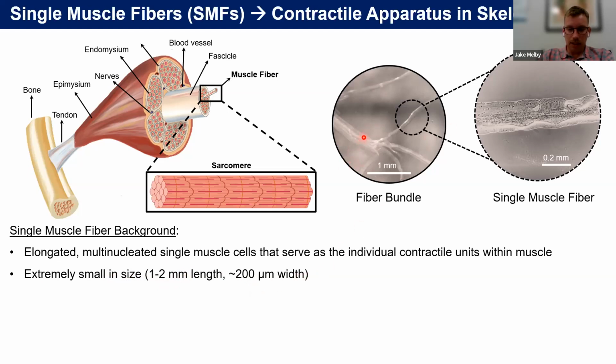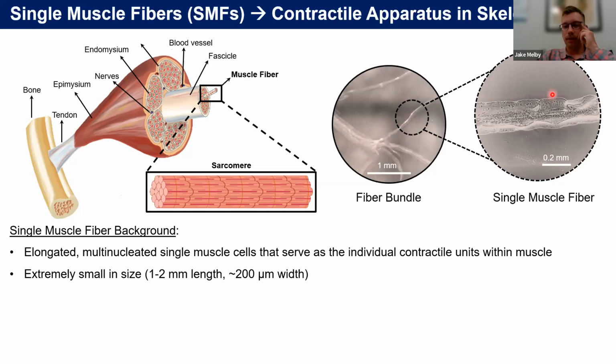This is actually a microscopic image that we got in the lab. Basically when you get skeletal muscle tissue, you get to this level of the tissue, and then you're able to start pulling these fibers apart under a microscope and placing them in a tube.